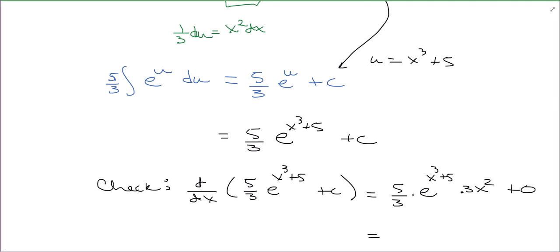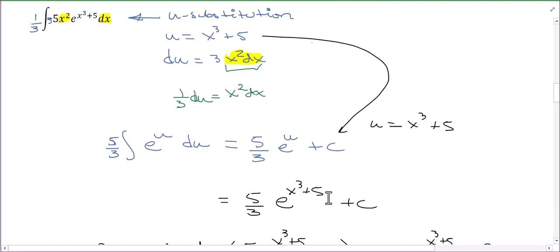So what are we left with? The 3's cancel, and I'm just left with 5x squared, bringing that x squared over to write it at the front. So 5x squared e to the x cubed plus 5.